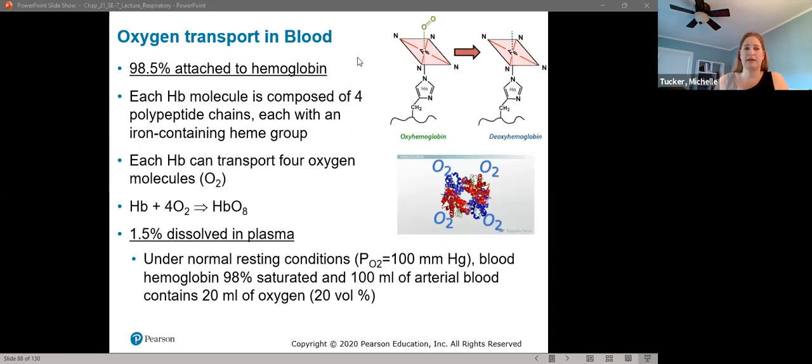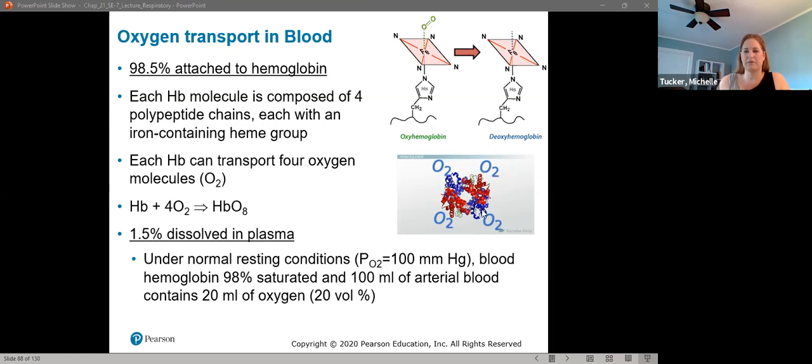Moving on to how oxygen is transported in the blood. As I mentioned before, oxygen is not very soluble in water, so very little is actually dissolved in the plasma. 98.5% is attached to hemoglobin. If you remember from blood, hemoglobin is comprised of 4 polypeptide chains, so 4 globin chains.